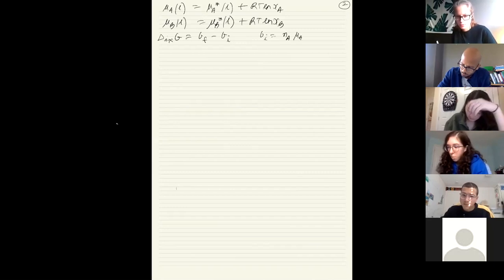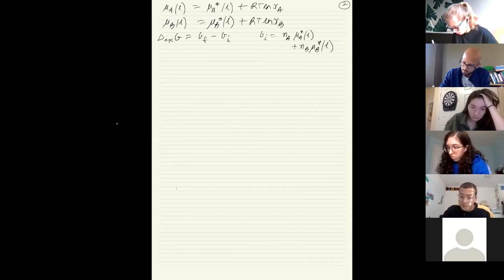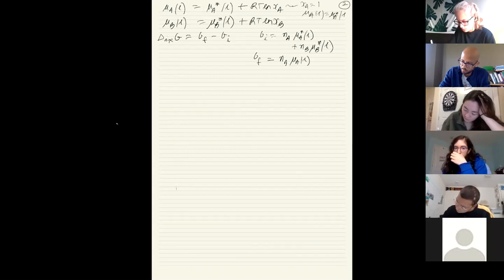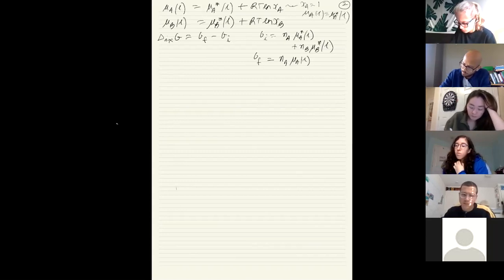So in this case, this is going to be Na mu A star L plus Nb mu B star L, and GF is going to be Na mu A L, because now it has changed due to the mole fraction. So if you put XA is equal to 1 here, pure A, what do you get? You get mu A liquid is equal to mu A star liquid, right? So it makes sense. Now you will have Na mu A liquid plus Nb mu B liquid.